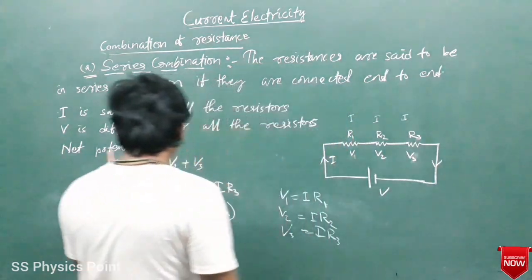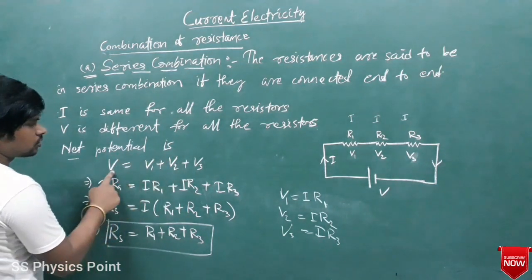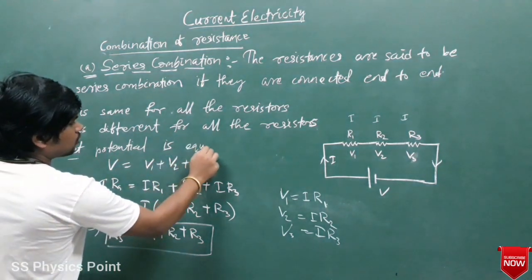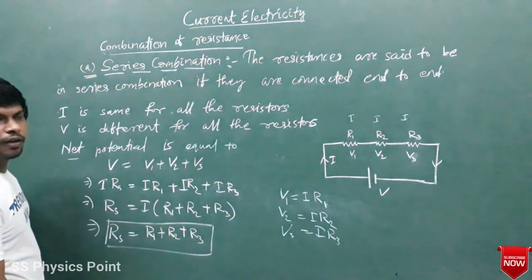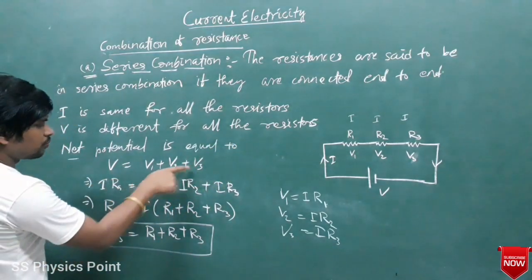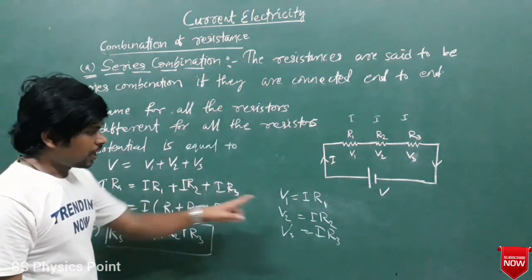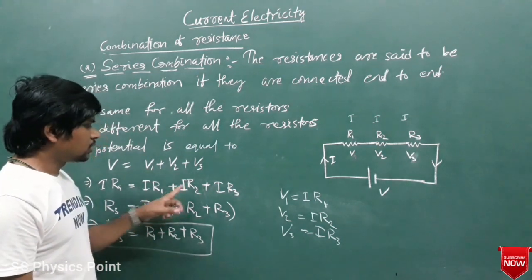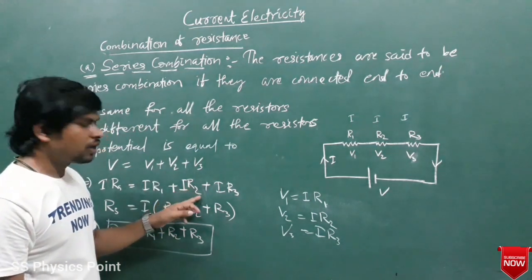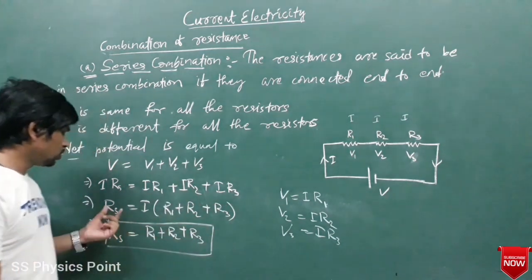So therefore I am writing the net potential is given by V equals to V1 plus V2 plus V3. So replace V1 by I into R1. Similarly V2 I into R2. V3 I into R3.